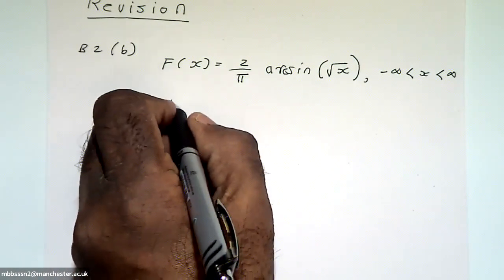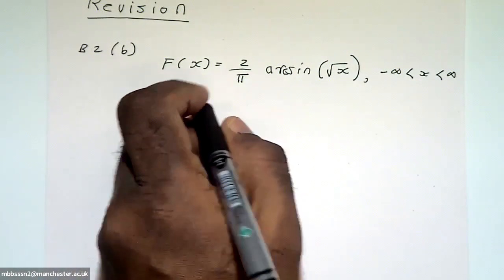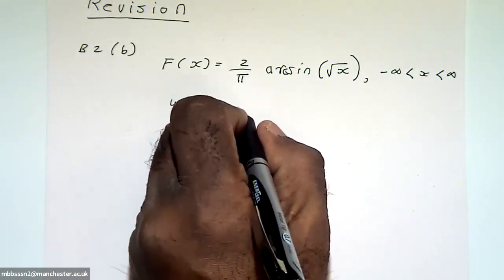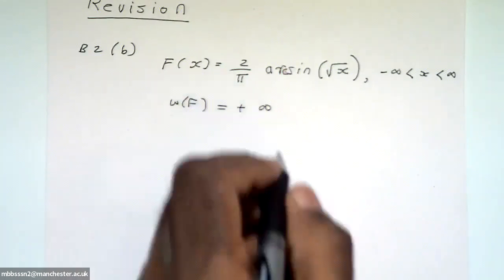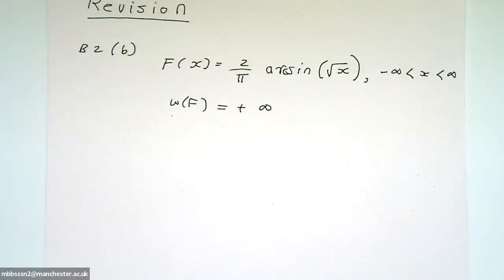So it is clear that because of the support, w of f must be plus infinity, right?